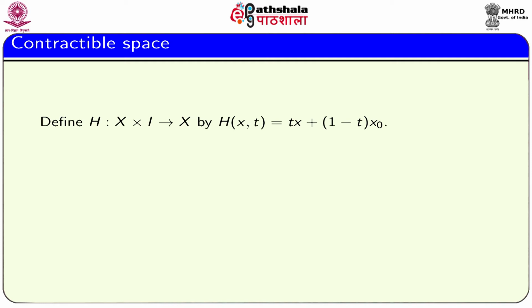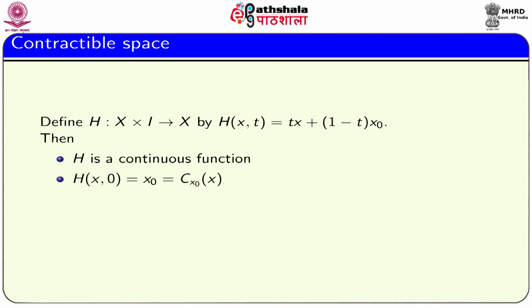Define H from X cross I to X by H(x,t) is equal to tx plus (1 minus t) x0. Then this capital H is a continuous function. H(x,0) is x0. That means it is equal to C_x0 evaluated at any point x.